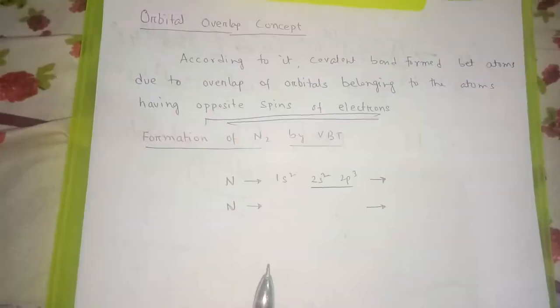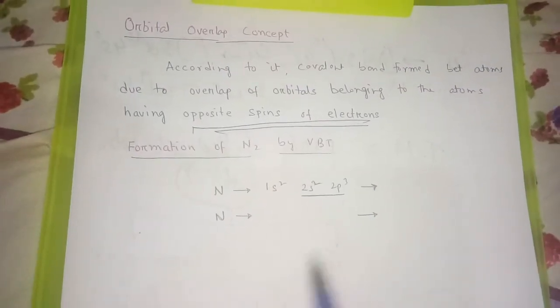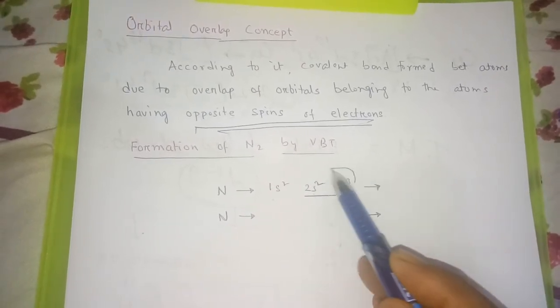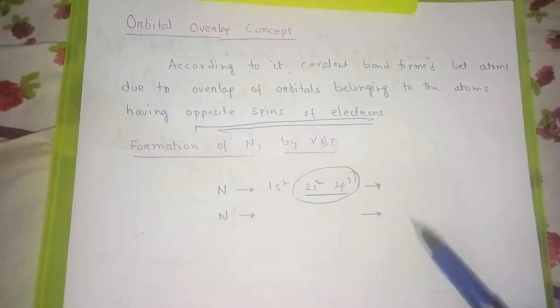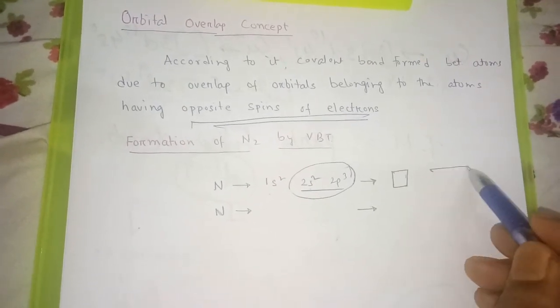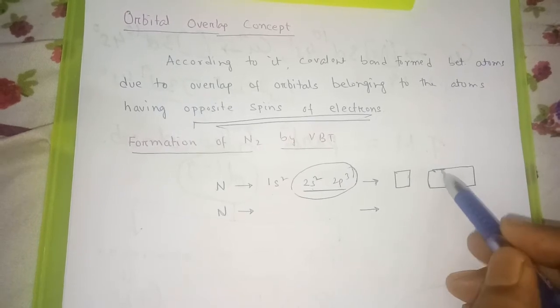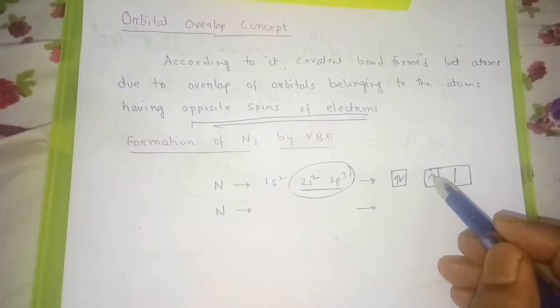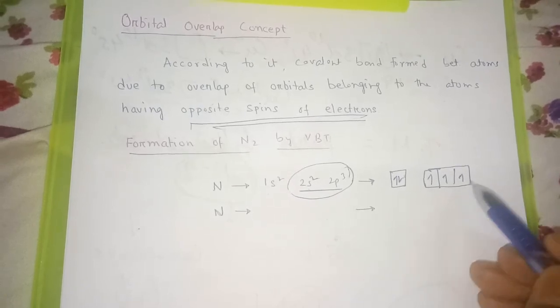Now if I do the formation of N2 by valence bond theory, nitrogen is 1s2 2s2 2p3. This one I have underlined because these are your valence electrons. Now if you draw the box diagram for the same, you get 2 electrons here, then 1 electron, 2 electron, 3 electron.